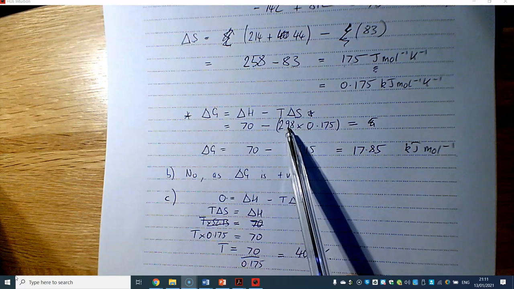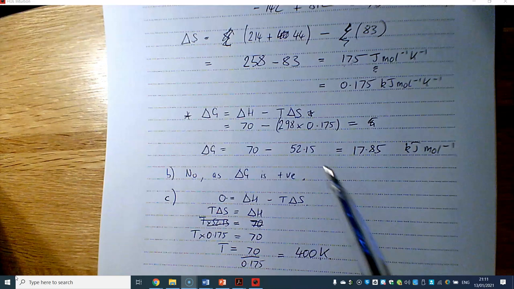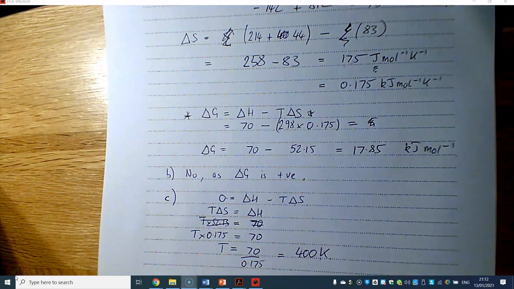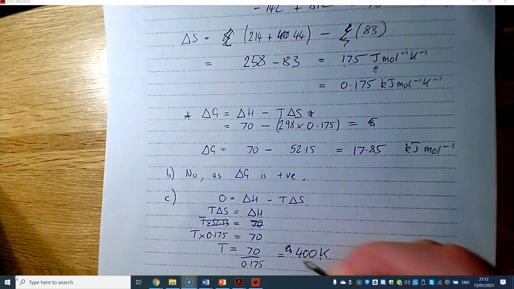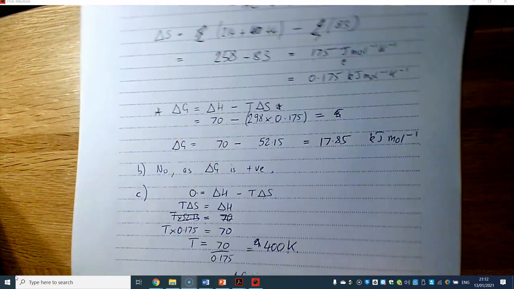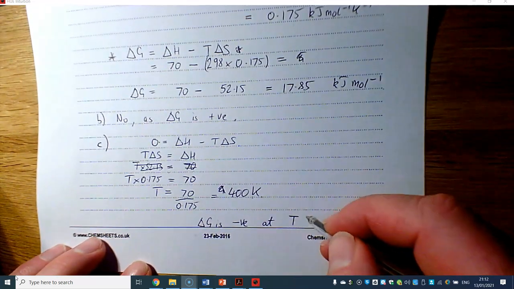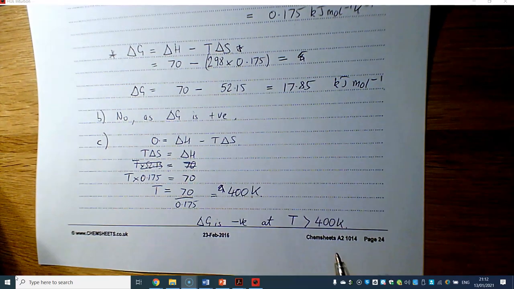So make this number 400, this overcomes the 70 that's here. So 70 minus a number that's greater than 70 is 0. So in other words, leave it at 400, delta G is negative at temperatures greater than 400 Kelvin.